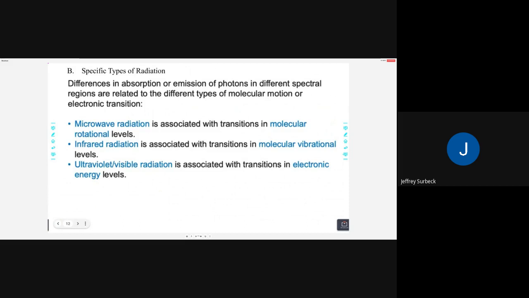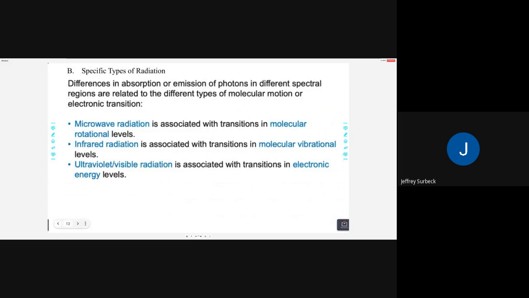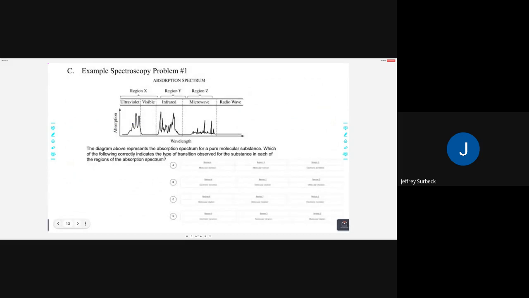Okay. So what it's trying to get you to do is, in the UV section, region X, if we look back, UV is associated with electronic energy. And then you just keep pairing these together.